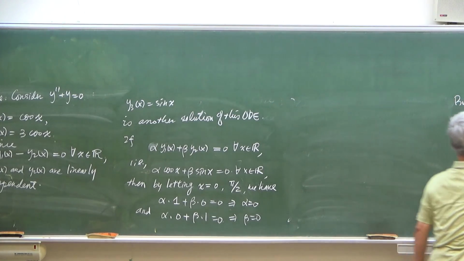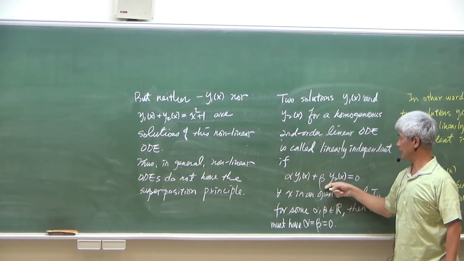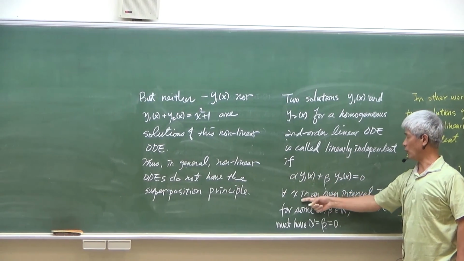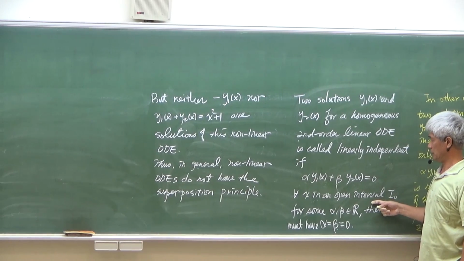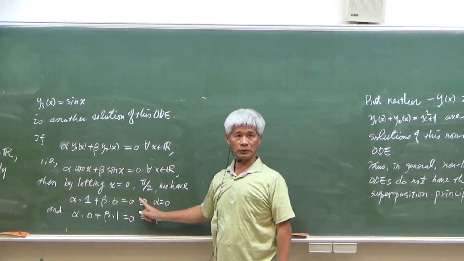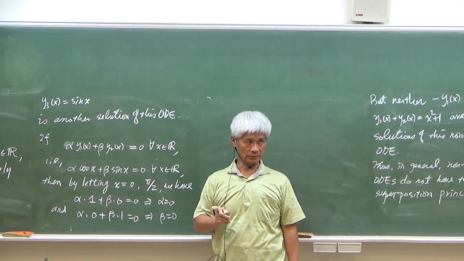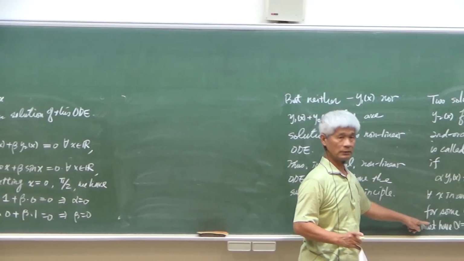So by this definition, if we want the linear combination to be 0 for all x in an open interval, and this is true, then we conclude that alpha and beta must be 0. Right?